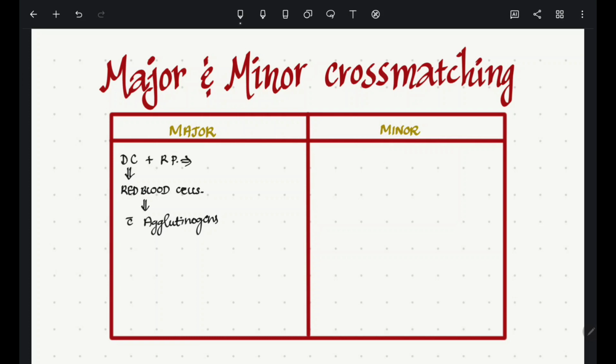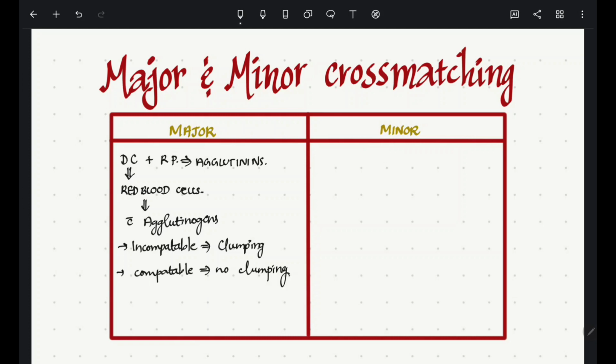The plasma of the recipient contains antibodies, or agglutinins. Now, these agglutinogens or antigens are highly antigenic. So when they are introduced to the plasma of the recipient, these highly reactive agglutinogens will react with the agglutinins in the plasma. This results in the clumping of blood. If incompatible, it results in clumping. If compatible, no clumping.